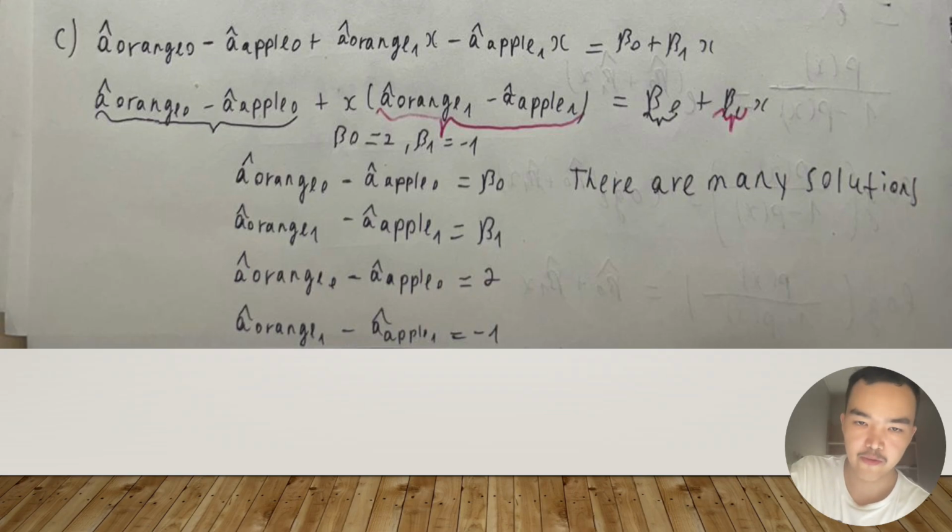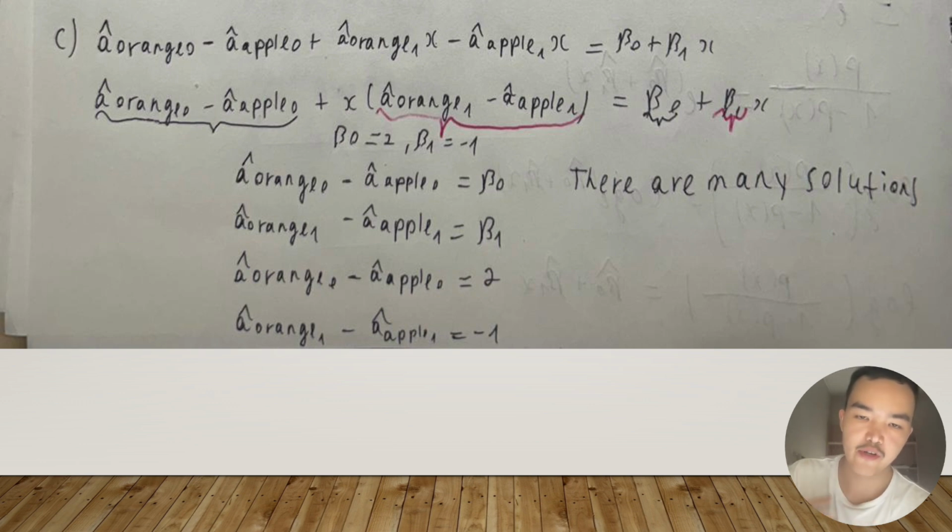So once we equate them, we obtain a orange 0 minus a apple 0 equal to 2, and a orange 1 minus a apple 1 equal to minus 1.